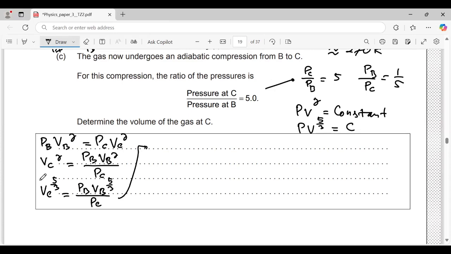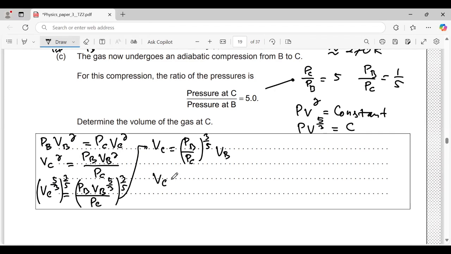And I would like to raise the left hand side and the right hand side to the power 3/5. If I arrange like that, this equation becomes VC equal Pb over Pc power 3/5 times Vb, because it equals 1 power 1.